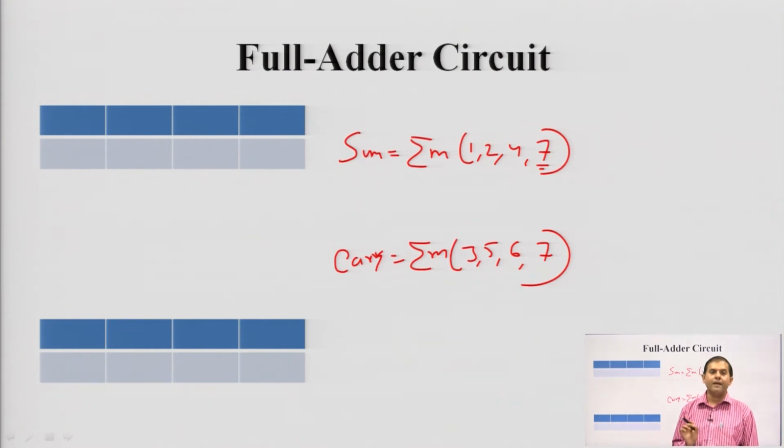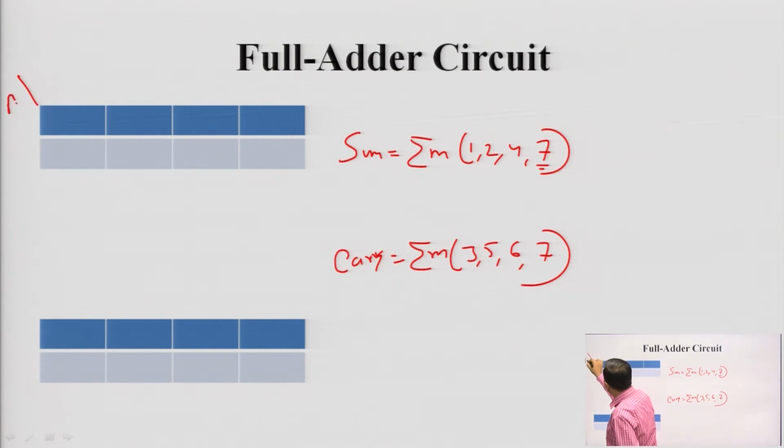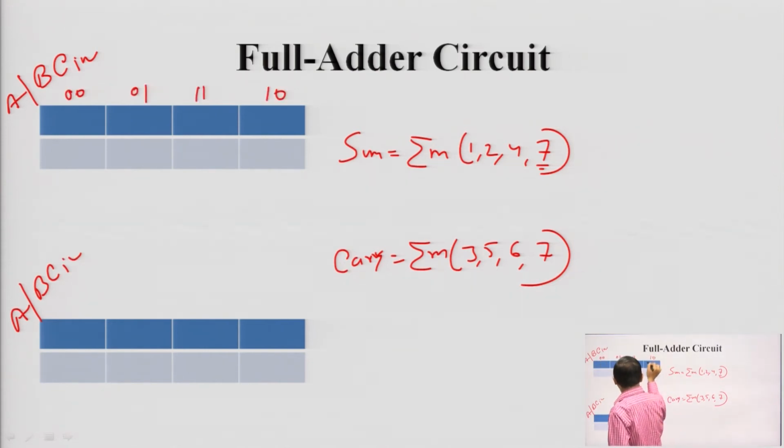So just draw the diagram. We have A, and this is B and C in, and here also A, B and C in. So the order is 0 0, 0 1, 1 1, 1 0. You remember this is the gray code format used in K map. So 0 0, 0 1, 1 1 and 1 0, and this will be 0 and 1.